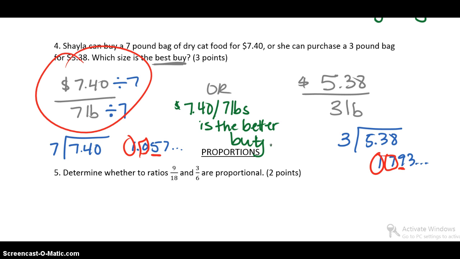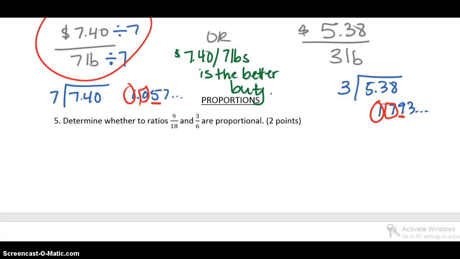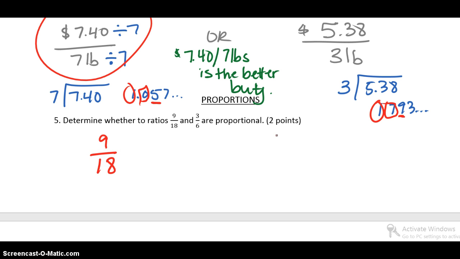Okay, number 5, determine whether the ratios 9/18 and 3/6 are proportional. So what we should do first is set up our 2 ratios here, 9/18 and 3/6. Now to compare these, we're going to simplify both fractions.